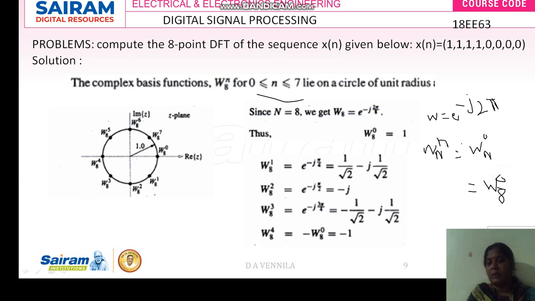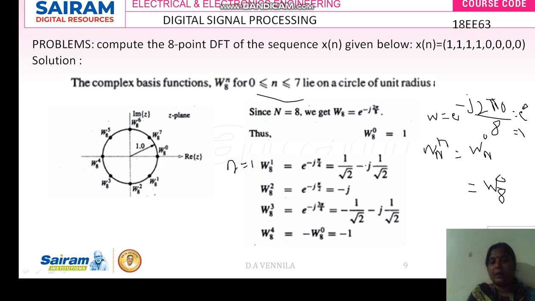So now I am going to substitute the value 0 divided by 8. E power, anything into 0, your value will be e power 0. E power 0 is equal to what? 1. So when n is equal to 0, your omega 8 0 is equal to 1. Next, omega 8 1. Now I am going to substitute n is equal to 1.